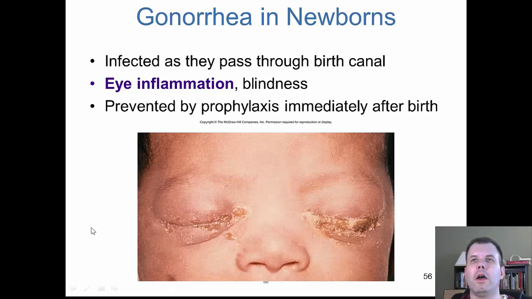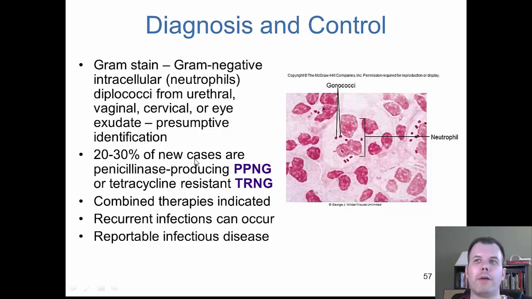Okay. Now, how do we control it? Obviously, the diagnostic test is doing scrapings of the urethra, so it's not a pleasant way to diagnose it. For men, it would be taking a Q-tip or a swab and going up the urethra. If you can visualize that, it doesn't sound very pleasant, and scraping some of the cells out of the urethra and then plating them on a slide and seeing if you have the infection.